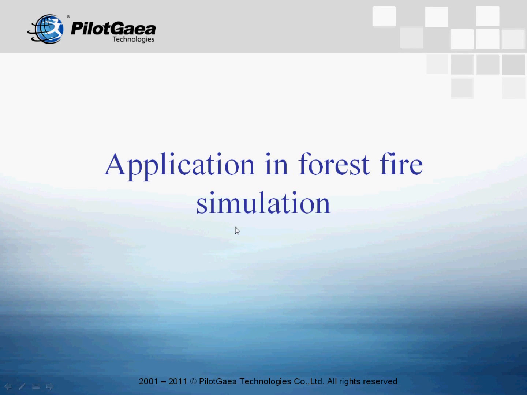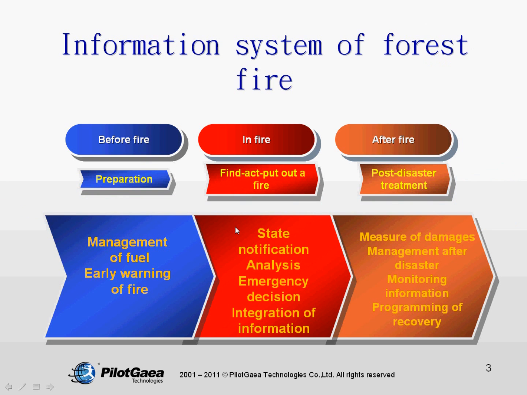The following introduces the application in forest fire simulation. Generally, the process of making a forest fire information system can be divided into three parts. The first is the preparation before fire.